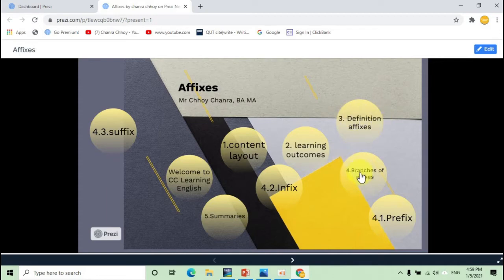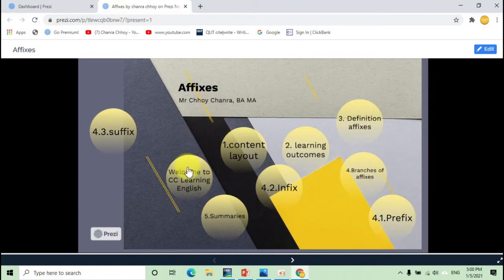Number four, we're talking about branches of affixes: 4.1 prefix, 4.2 infix, 4.3 suffix, and number five is focus on summary. So today we will learn all of these things, but in this tutorial we just focus on affixes.